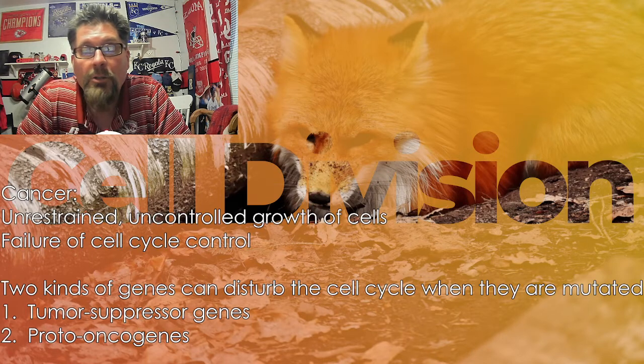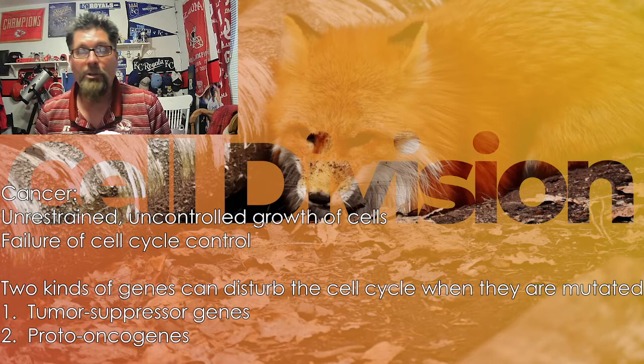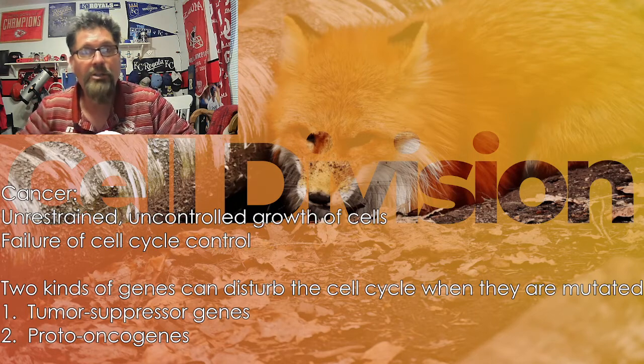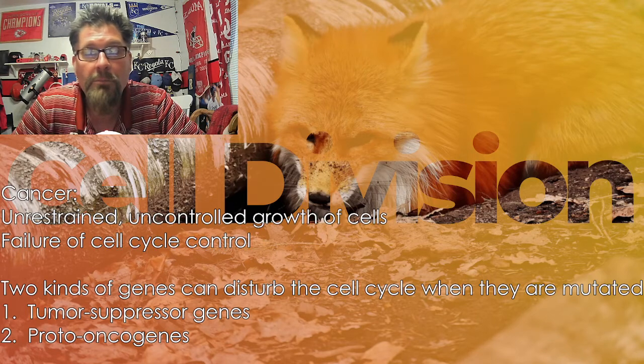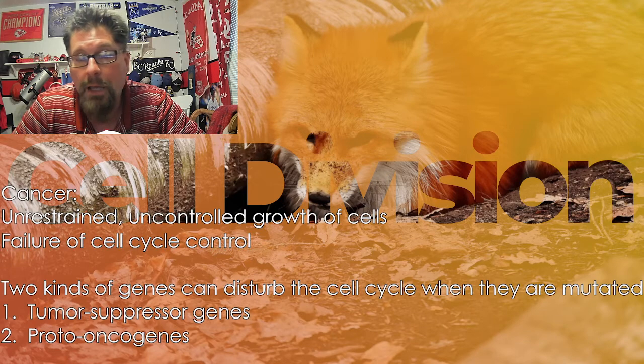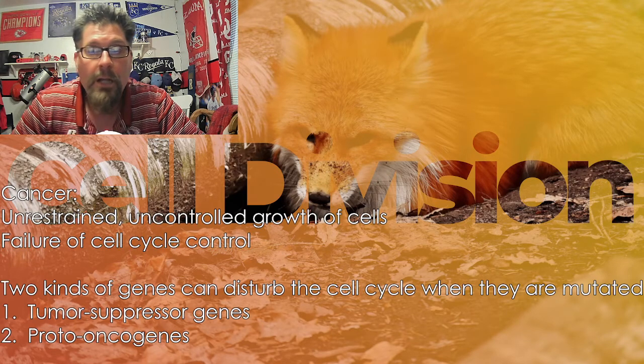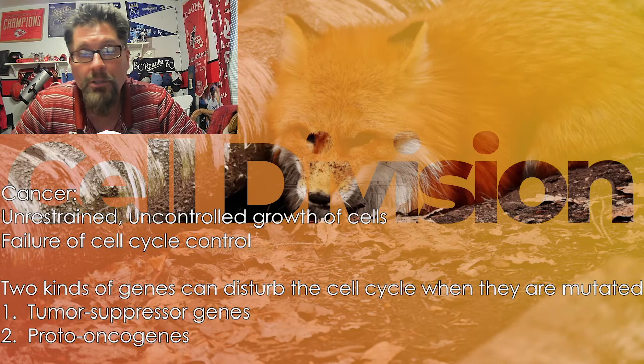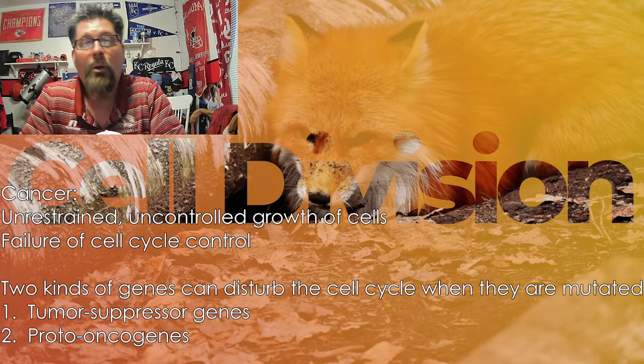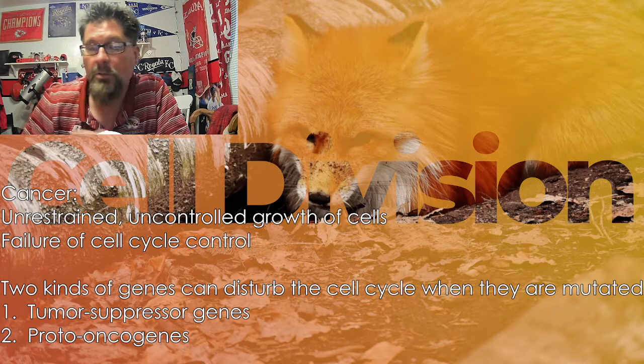Now there are 2 kinds of genes that help disturb the cell cycle when they get mutated. Something has occurred that has changed them, and they make this cancer pathway a probability. That's tumor suppressor genes and proto-oncogenes.